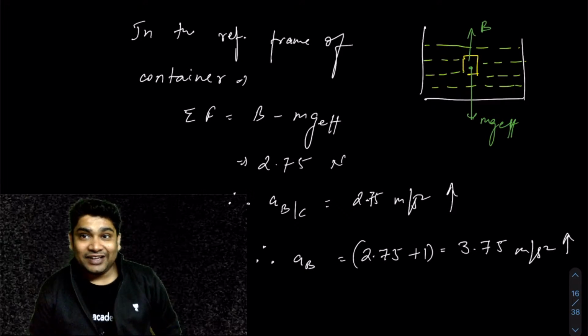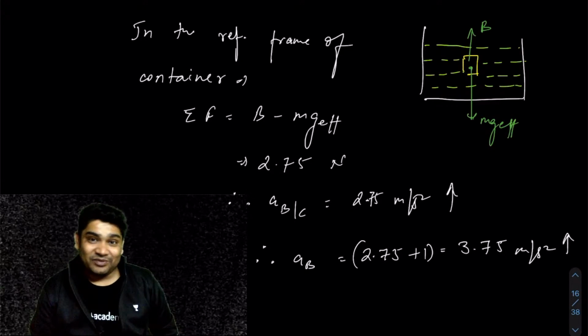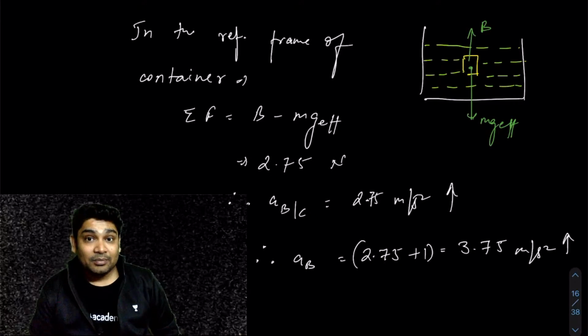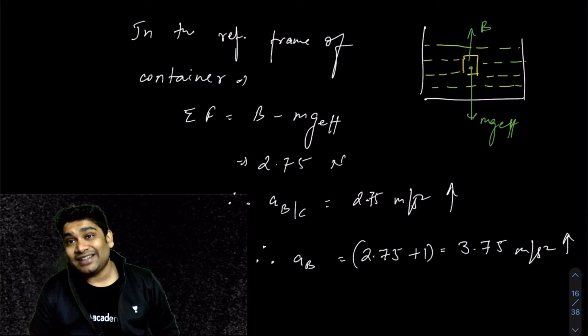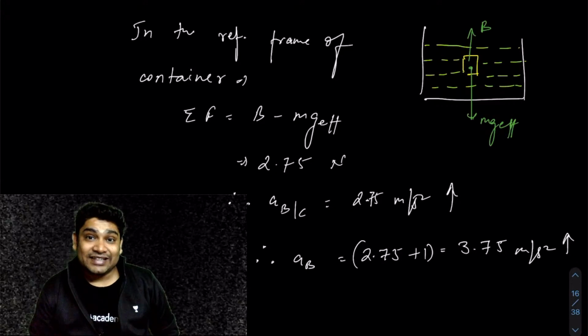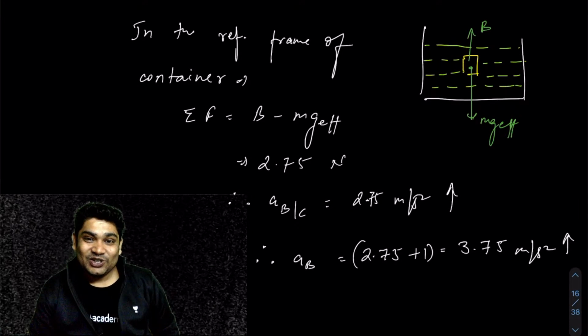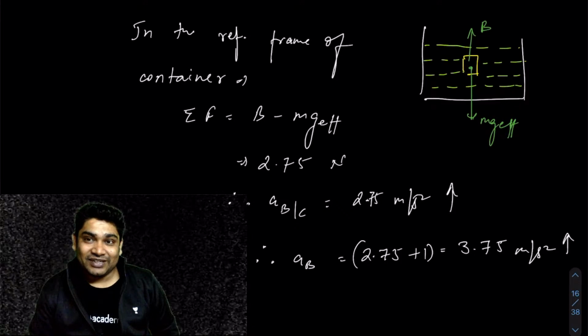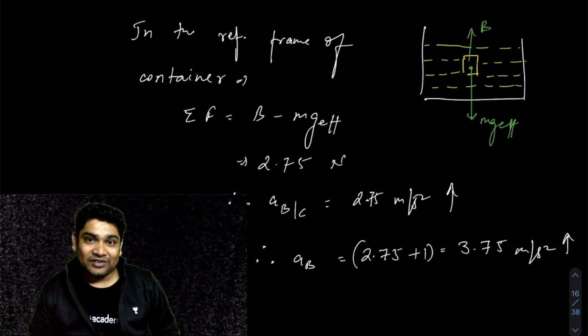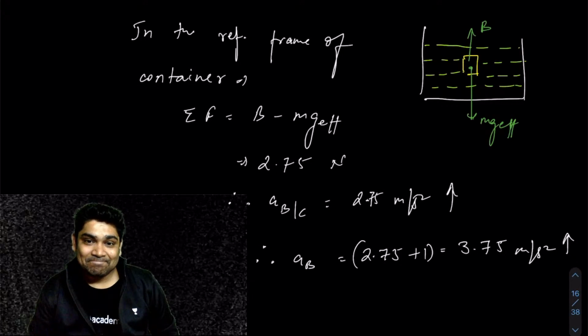Okay, why are we doing this in the reference frame of the container? Because you know that the buoyant force and everything that we are calculating is for fluid statics. Your fluid should be stationary, okay? So it is stationary in the reference frame of the container. So the buoyant force that you are finding has to be in the reference frame of the container only, okay?